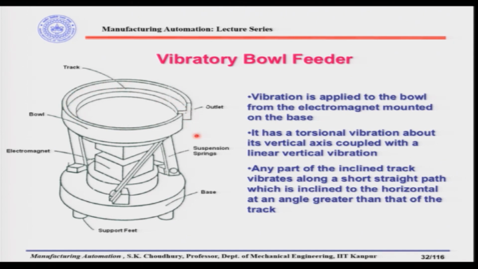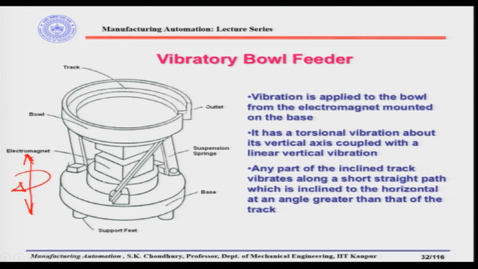Now, how does it happen and why? Vibration is applied to the bowl from the electromagnet mounted on the base. Here is the electromagnet. It has a torsional vibration about its vertical axis coupled with a linear vertical vibration. So, the electromagnet produces a vibration like this, vertically, and a vibration like this, that is the torque.